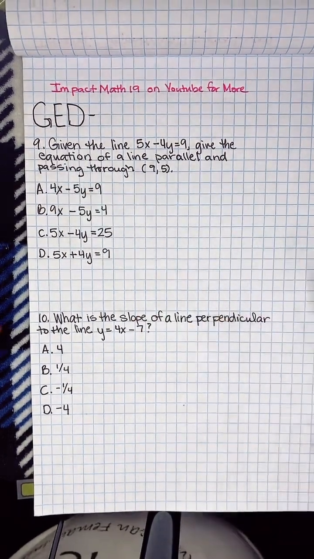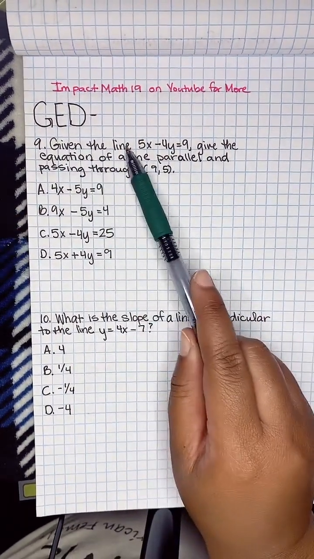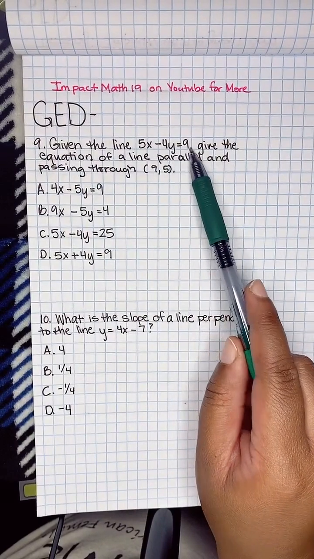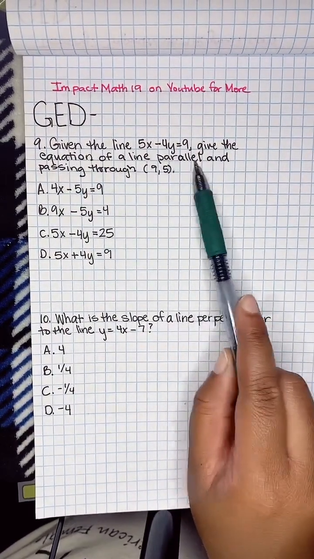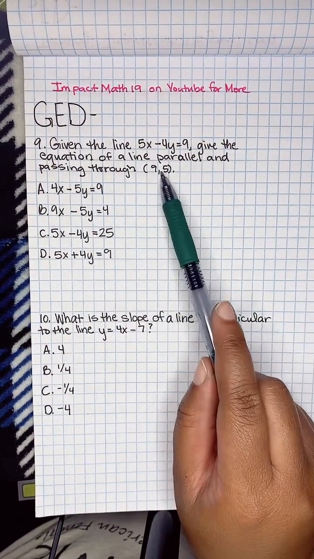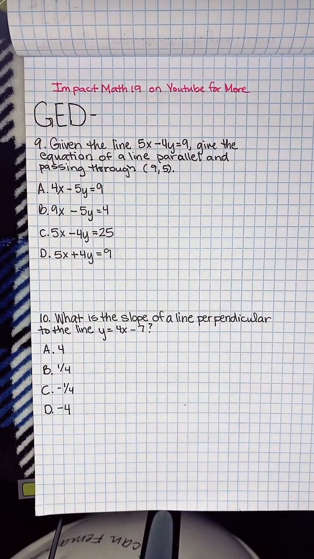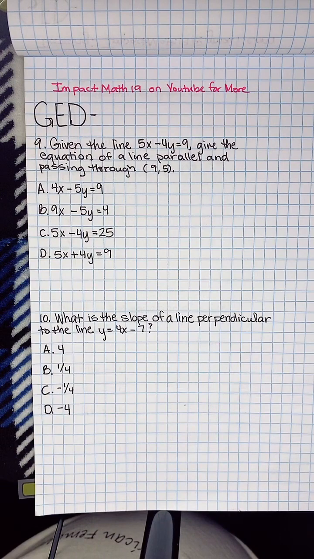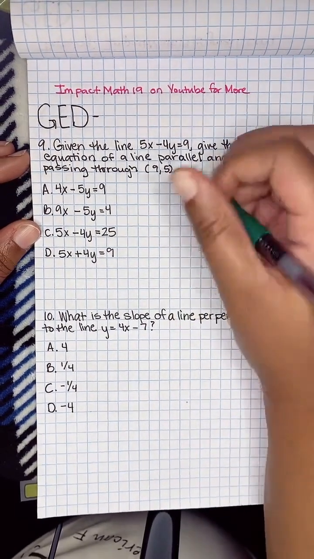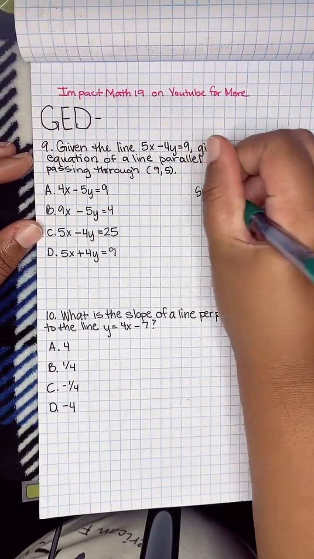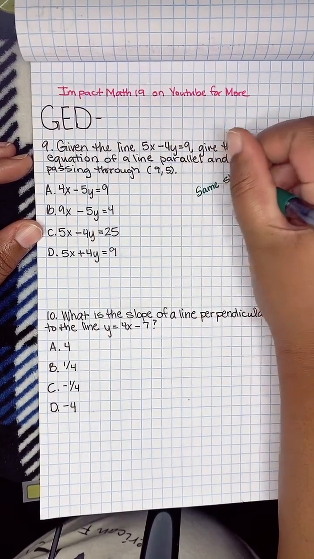Okay, let's look at number 9. Given the line 5x minus 4y equals 9, give the equation of a line parallel and passing through 9, 5. All right, so we're looking for parallel. So let me tell you, parallel, we're looking for the same slope.